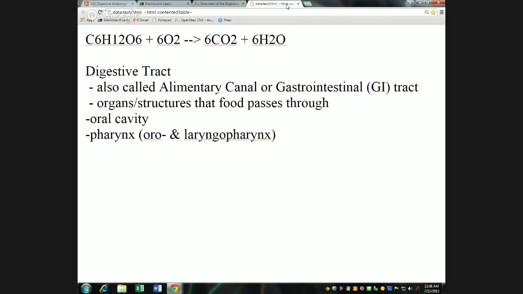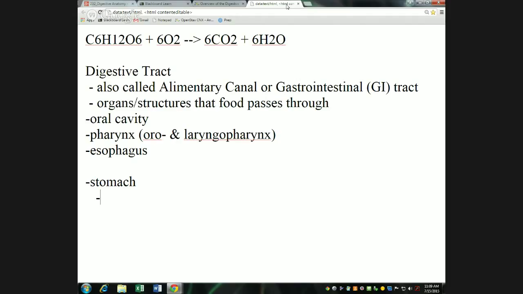And then the pharynx passes food onto the esophagus, and then the esophagus connects to the stomach. And actually, if you're writing this down, I want to leave a space between esophagus and stomach. And then the stomach is made up of several different regions.